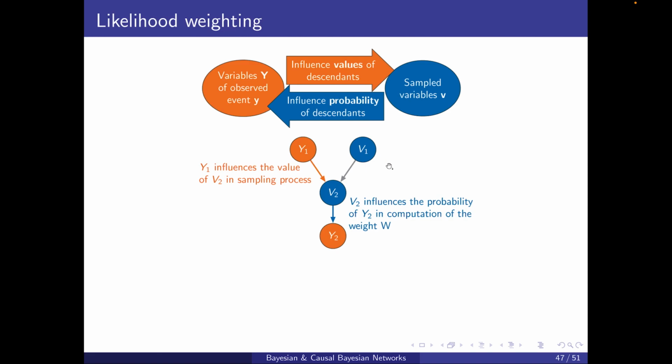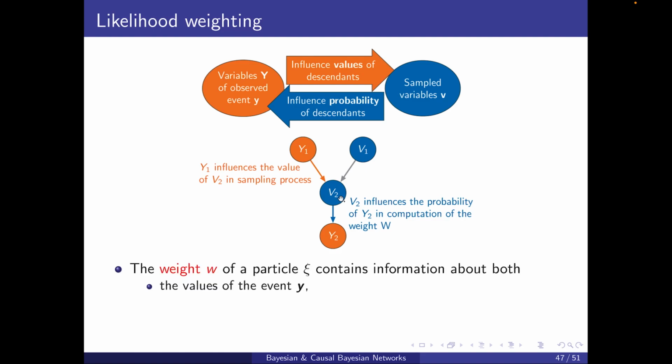So for example here, V2 is a sampled variable, and it influences the probability of Y2 in the computation of the weight W. Here, if I have Y2, which is the observed event, we saw that when calculating the weight, I need to go back and check the CPD, which depends on its parent node.